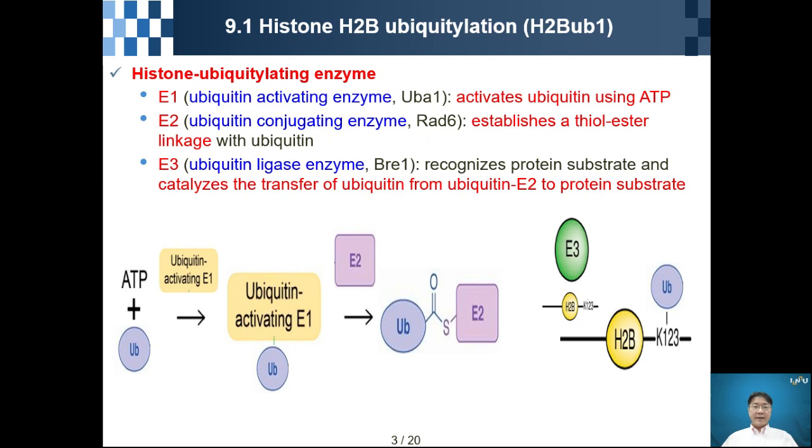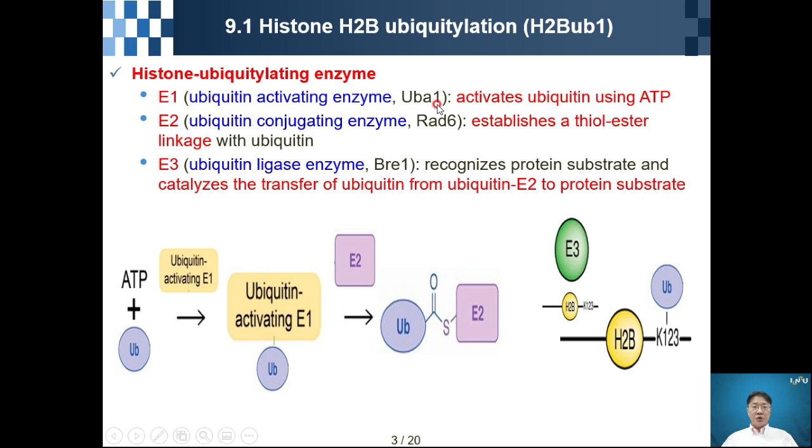In this slide, I will explain the histone ubiquitylating enzyme. The histone ubiquitylating enzyme is composed of E1, E2, E3 proteins. Let me start with E1 proteins. E1 is the ubiquitin activating enzyme. The very famous example is UBA proteins.